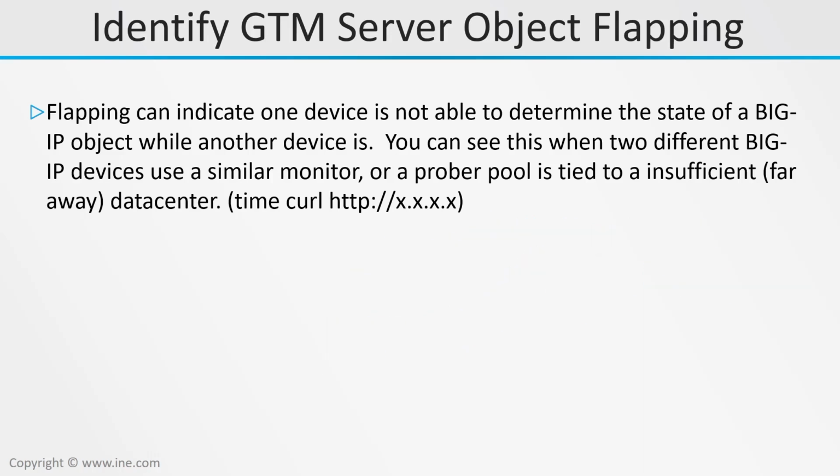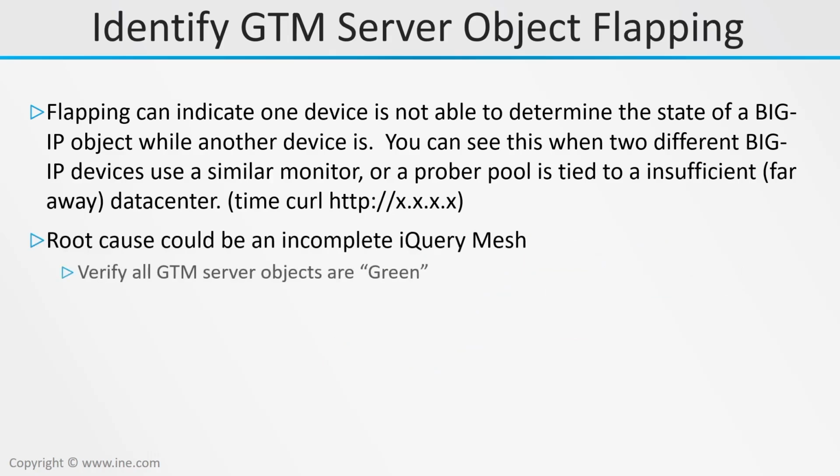Okay, and for the second candidate of server object flapping, we can look at an incomplete iQuery mesh. First, we can verify that all the GTM server objects are green, and if they're red or in an unknown state, this is highly likely a case where you could have some server object flapping, talked about in the previous video.